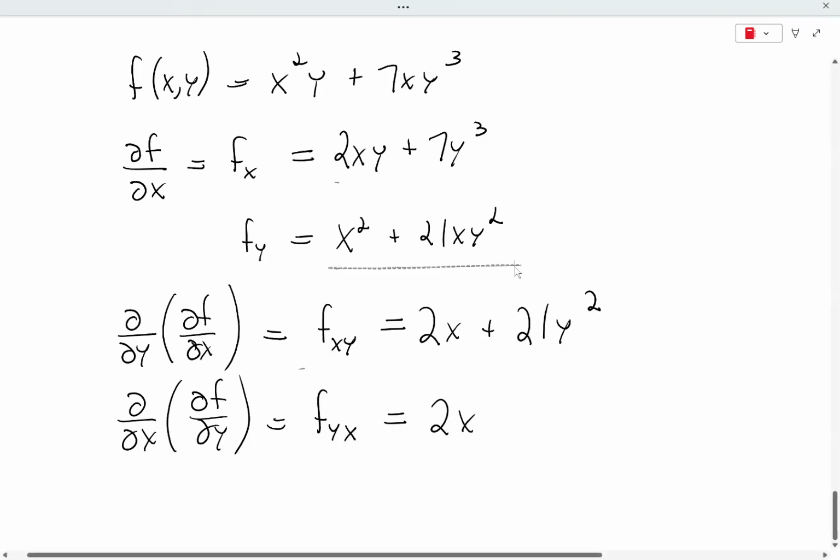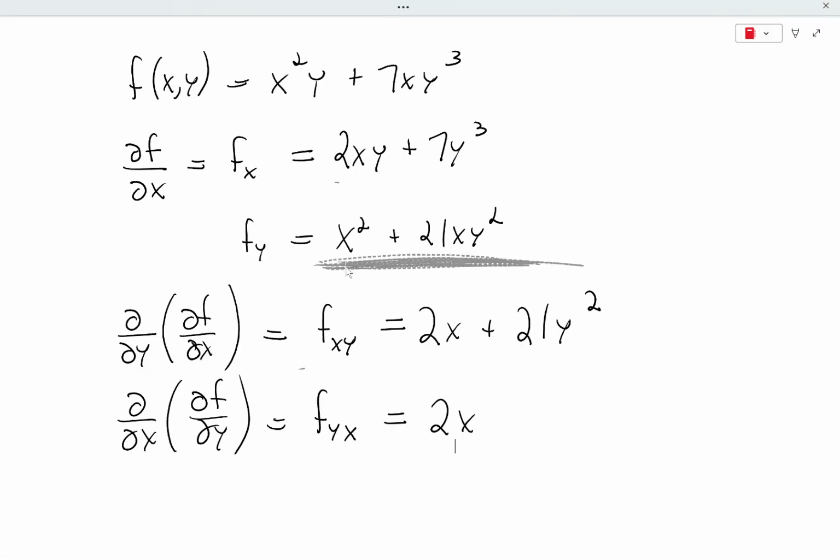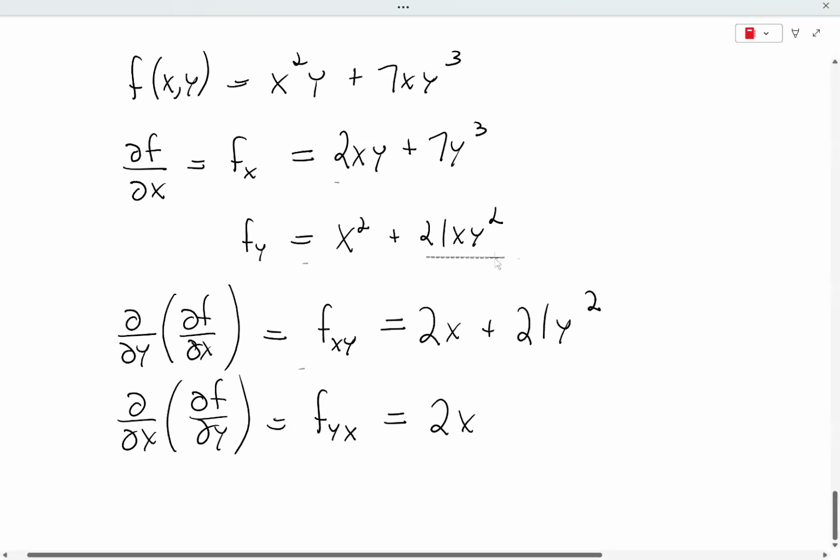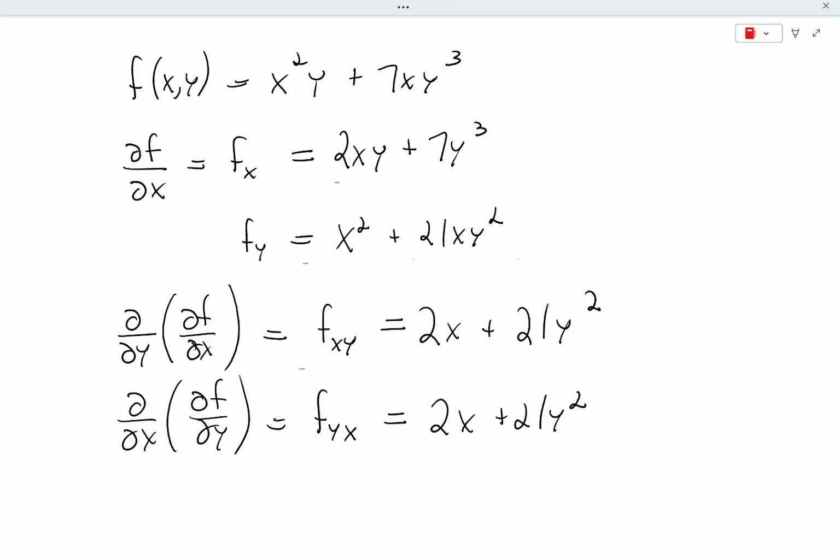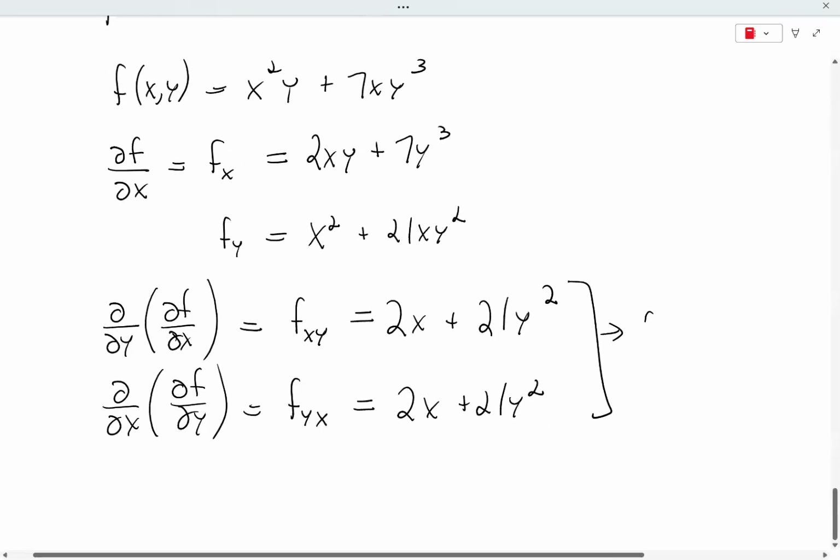So I'm taking a partial of this with respect to x. So 21y squared, right? If I take a partial with respect to x of this, I get 2x plus 21y squared. It turns out the mixed partials, the second derivatives fxy and fyx, will always come out to be the same. So these are always going to be the same.